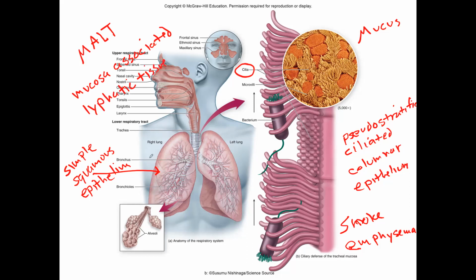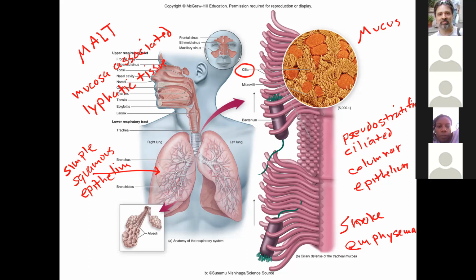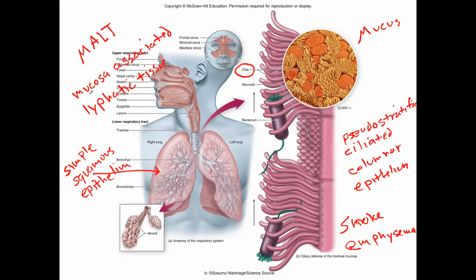Which is found not only in the mucosa of the digestive, but also of the respiratory system. And it's made up of macrophages and lymphocytes that intercept stuff trying to get into the blood and keep you from getting a blood infection. Okay, so we have these defenses that are built in.